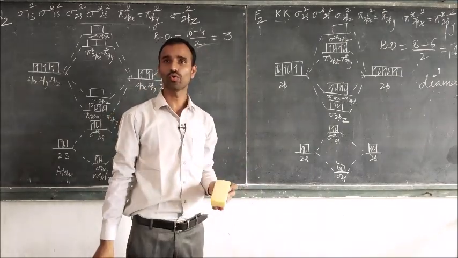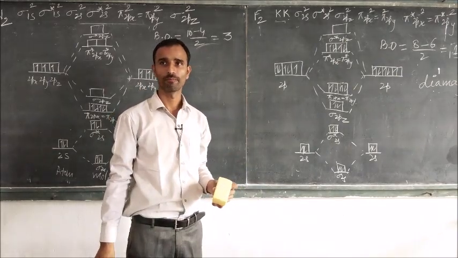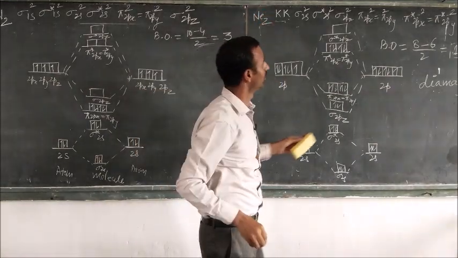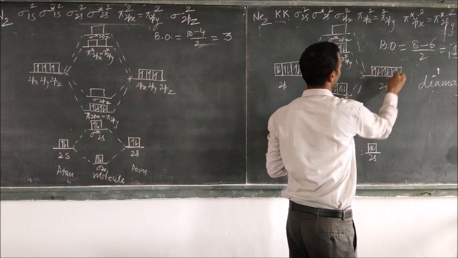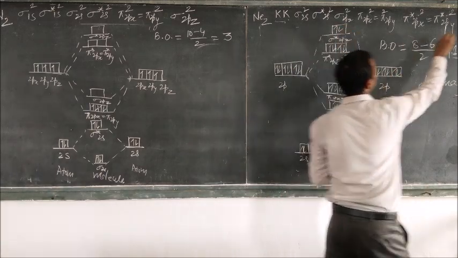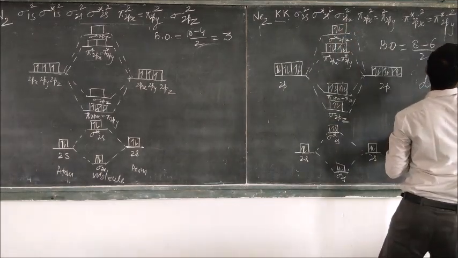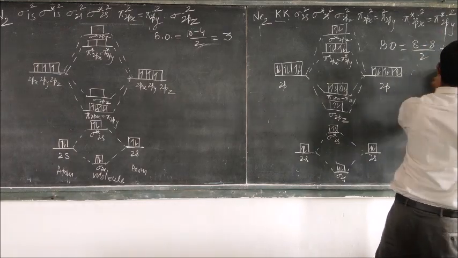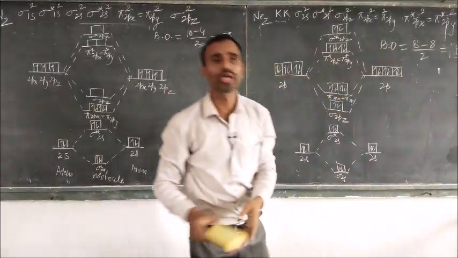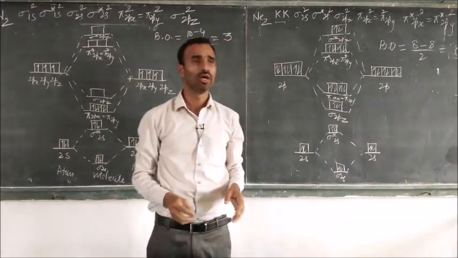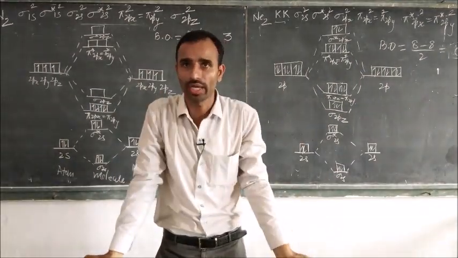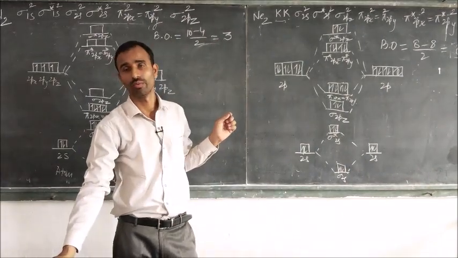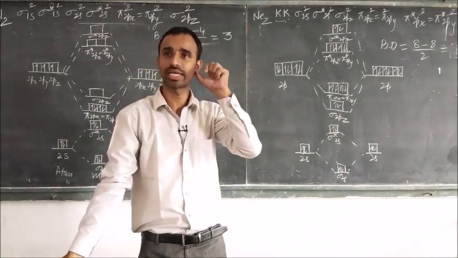What about Ne2? In this case, it becomes sigma star 2pz2. So the bond order comes out to be 0. Again, Ne2 does not exist. So that is all about MOT for homodiatomic molecules. We will continue with heterodiatomic molecules next time.